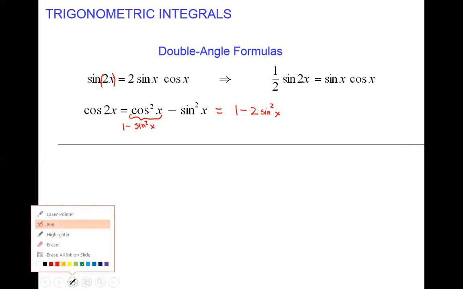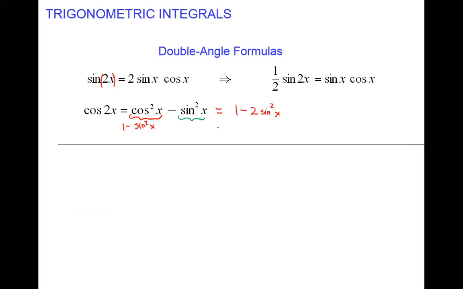Or I can rewrite it just in terms of cosine, which means sine squared of x is 1 minus cosine squared of x, but the negative in front will change the sign, which gives me negative 1 plus cosine squared of x, and negative will give me positive 2 cosine squared of x, so 2 cosine squared of x minus 1. That's the red formula, and the green formula is exactly the same as the original one, but this one is in terms of sine, this one is in terms of cosine.